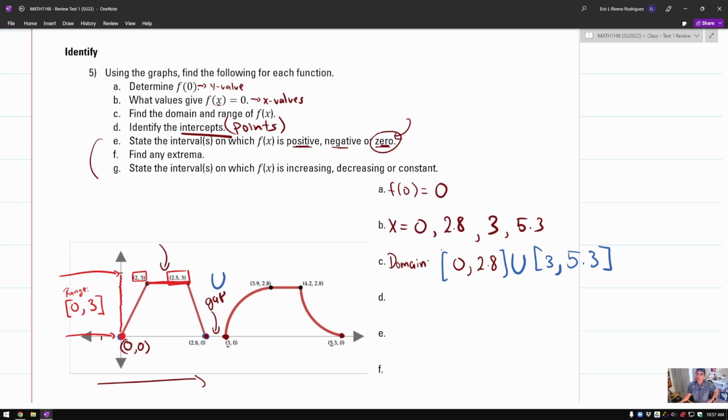I like that. I want to start creating a connection between how we can speak in math. Part B asks us for what values of x give f of x equal to 0. It is exactly the same question. State the interval on which f of x is 0. We are talking exactly about the same question, but different ways to ask it.